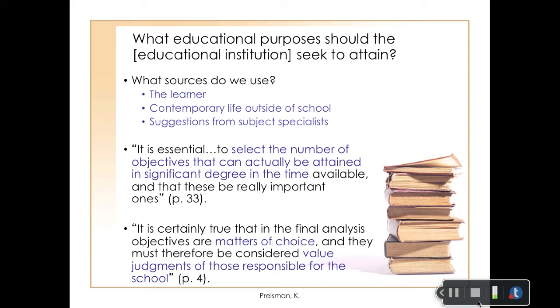And then it's always very important to remember that your final analysis of your objectives and your goals are going to be matters of choice, and they will be considered value judgments by those responsible for the school or institution you are in. So we need to be cognizant of that.